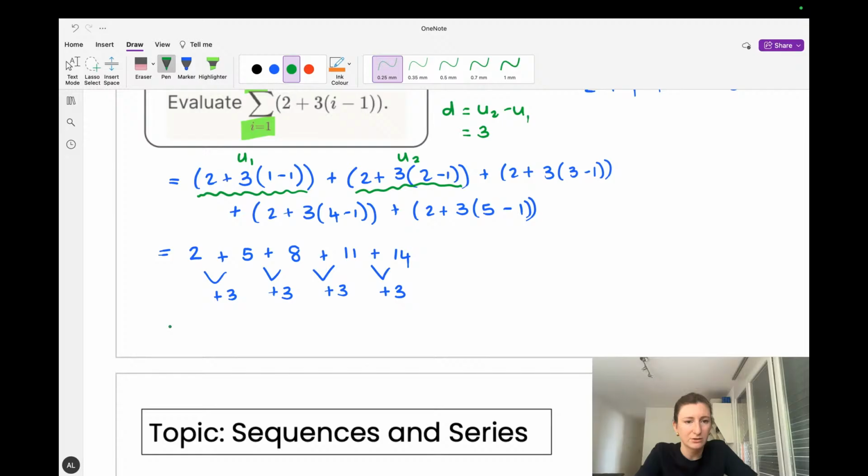And we should sum it, actually. We need to add it all up. The end result is actually to add it. So we have 2 plus 5 is 7, plus 8 is 15, plus 11 is 26, plus 14 is 40. There we go.